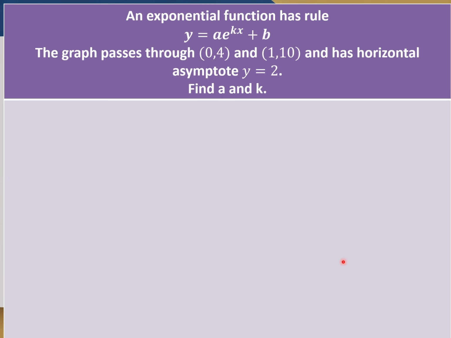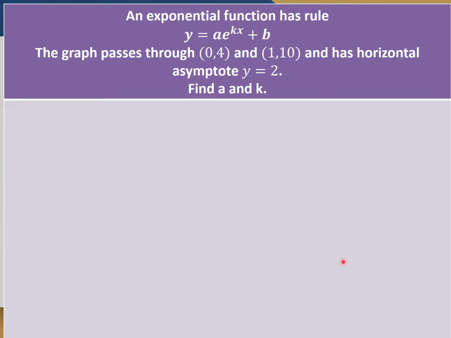Okay, this question here we've got an exponential function that has a rule y equals a e to the power of kx plus b. The graph passes through 0, 4, and 1, 10, and has a horizontal asymptote y equals 2. Find a and k.